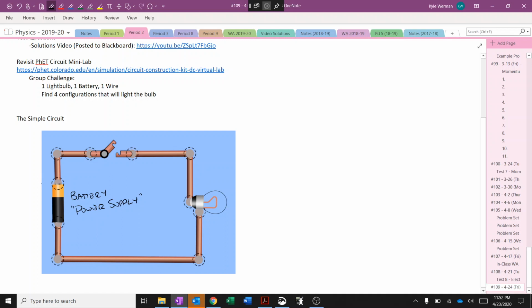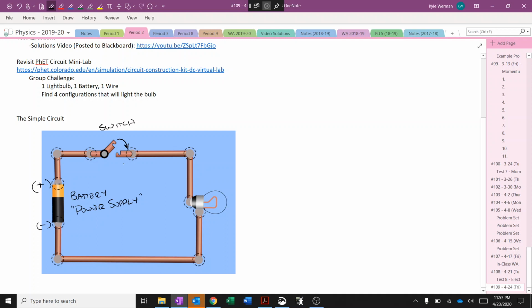Typically, your power supply is going to have a positive end and a negative end. If you actually look at a battery, like maybe a AA battery, you'll see that it's labeled as such. And then up here we have what we call a switch. A switch is a physical connector that has the ability to close by moving it, and that gives kind of like a bridge, like a drawbridge, that allows for the completion of that circuit.